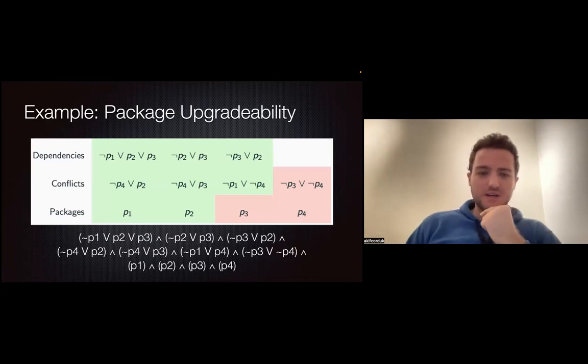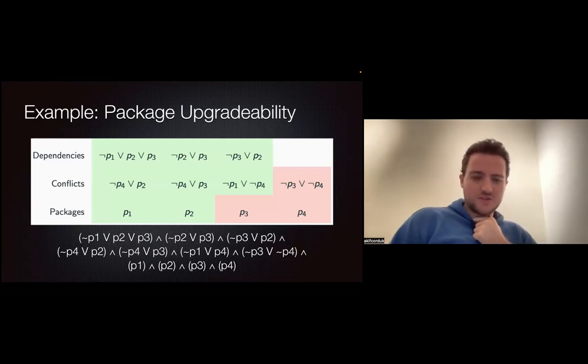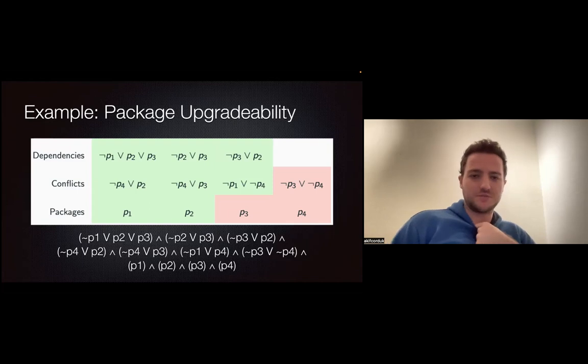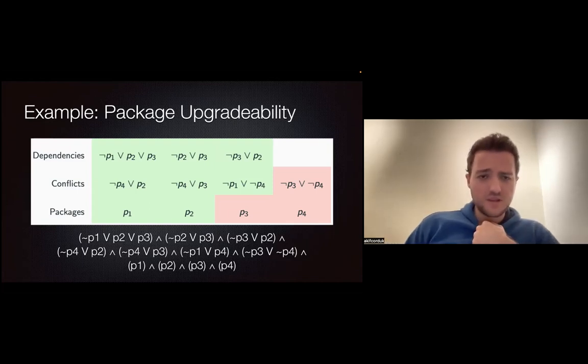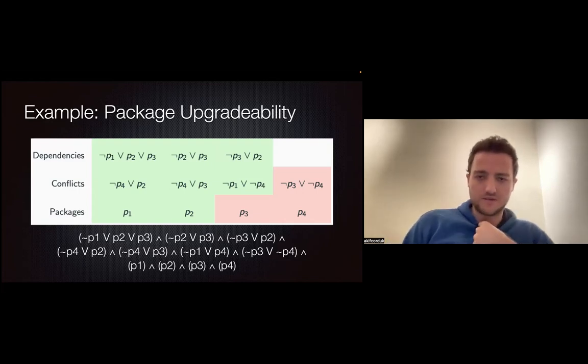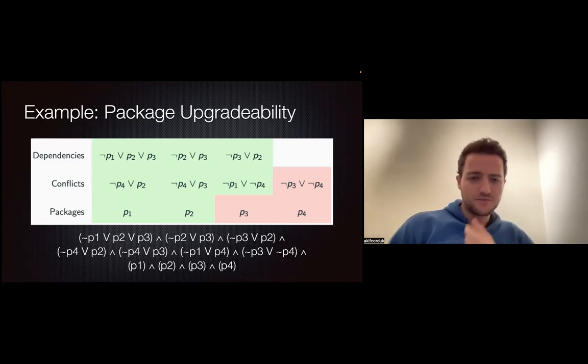So if P1 is true, this means that not P1 is 0, so at least P2 or P3 must be true. One of them should be in the system. The same is similar with P2 and P3. P2 depends on P3 to be on the system, so that this clause is satisfiable, and so on.